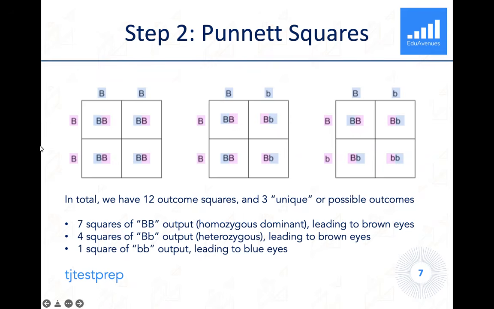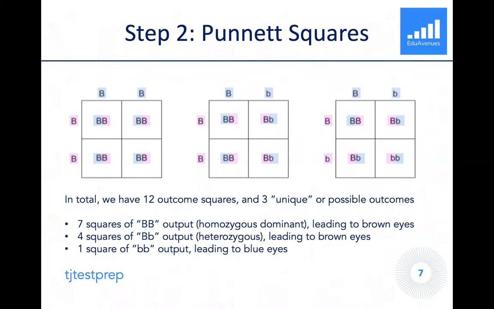So in total, looking at all of these different possibilities and outcomes, we have a total of 12 outcome squares, right? So this would be a square, this would be a square, this would be a square, and so on. And then we have 3 unique possible outcomes. So we end up with 7 squares or children where we have uppercase B output, so homozygous dominant, which would lead to brown eyes.